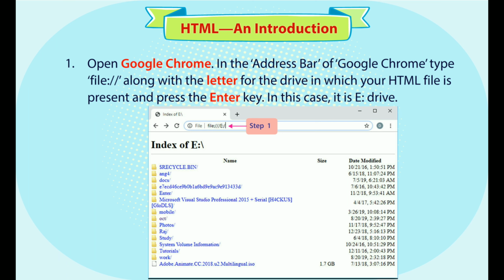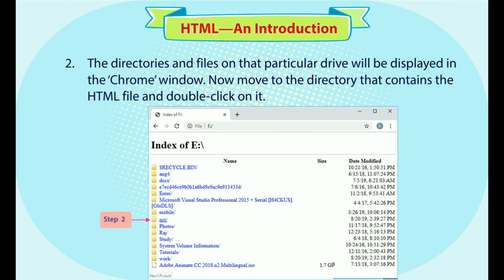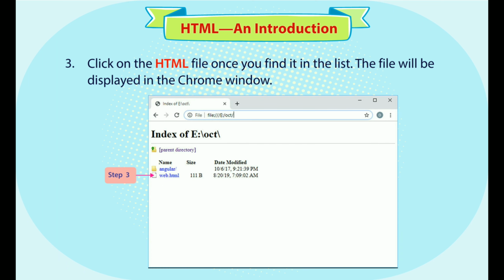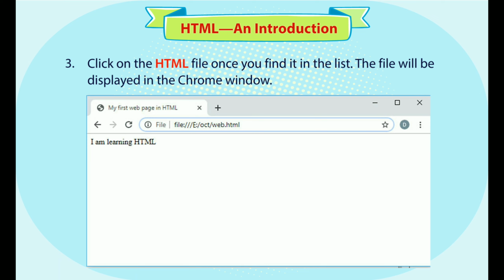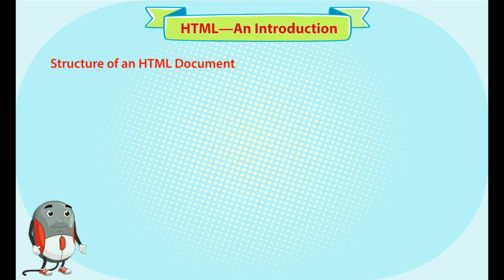In this case, it is E drive. The directories and files on that particular drive will be displayed in the Chrome window. Now move to the directory that contains the HTML file and double-click on it. Click on the HTML file once you find it in the list. The file will be displayed in the Chrome window.